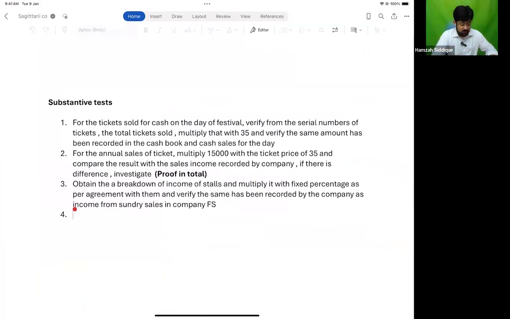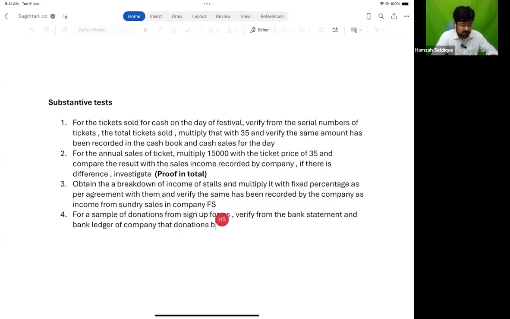Now, for a sample of donations from sign-up forms, verify from the bank statement and bank ledger of the company that donations being received are correctly and completely recorded.